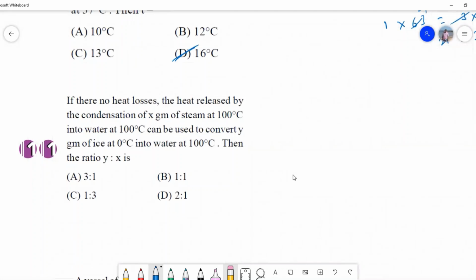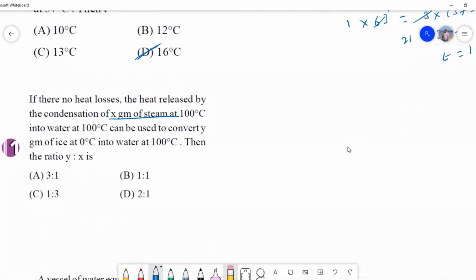If there is no loss of heat, the heat released by condensation of X grams of steam at 100 into water can be used to convert Y grams of ice at 0 into water at 100. So heat lost by steam is equal to heat gained by water and ice. So X grams of steam at 100 to water only, so only mL.